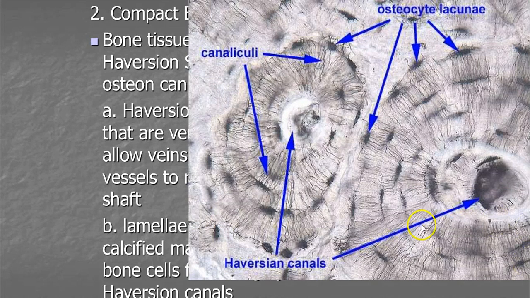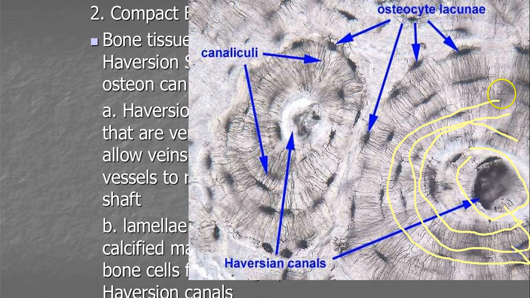If you look here, if I were to draw, again, I'm not very good at this whole drawing thing, but here we go. Here's one lamella that encircles it. Here's another one, and you'll notice that it just keeps forming rings.